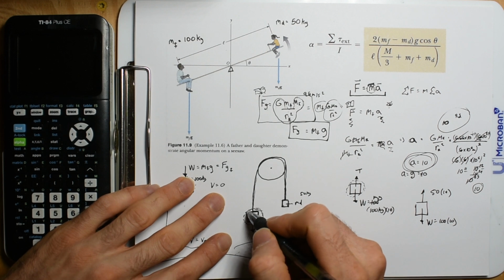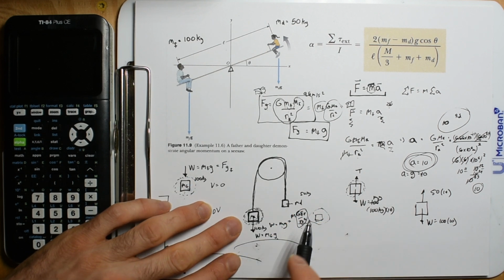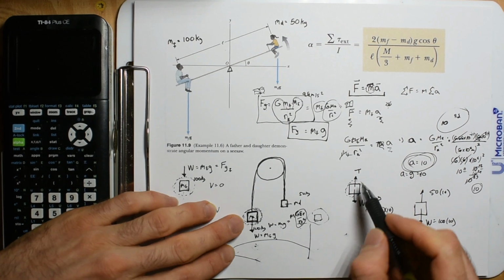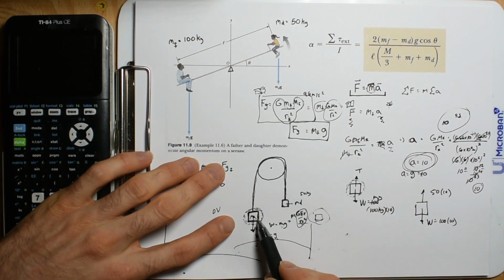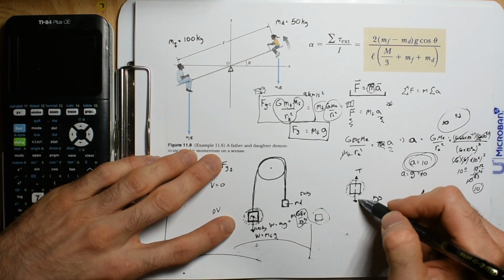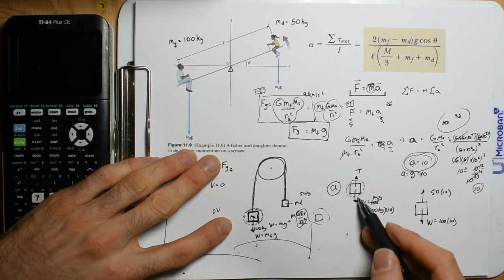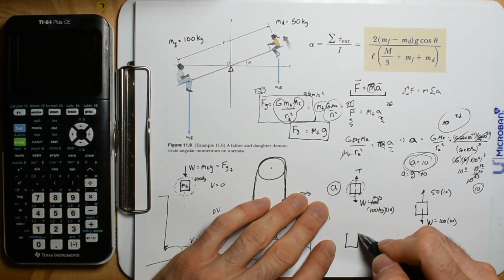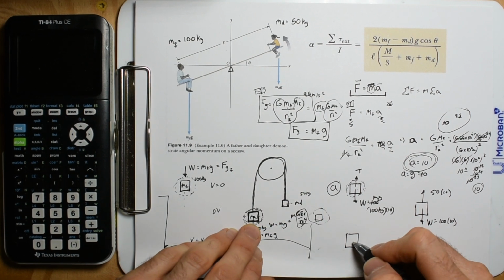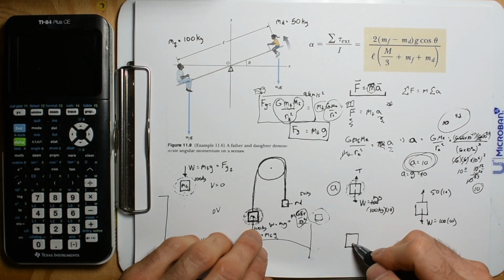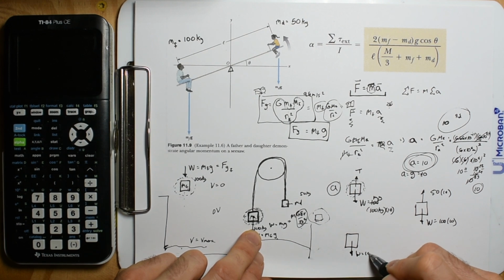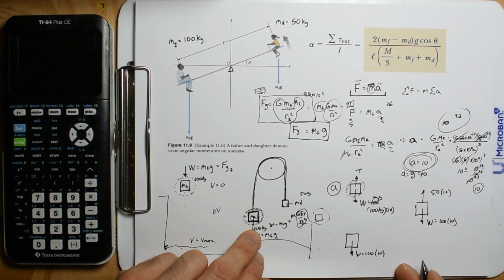But no, this is because what you just want to do is analyze maybe how much this is going to move. We want to find the acceleration of this situation. Now you could do this. You could say, hey, I'm 100 kilograms, so I know that my weight is going to be 100 kilograms times 10 or something like that.